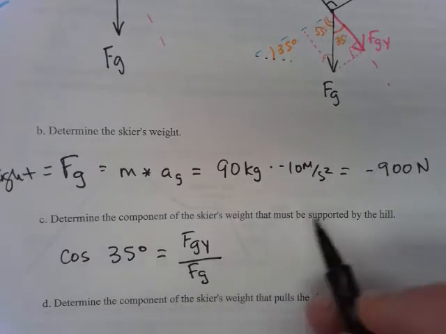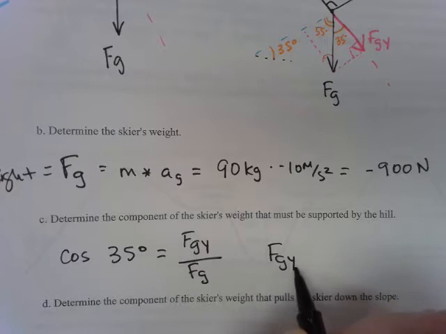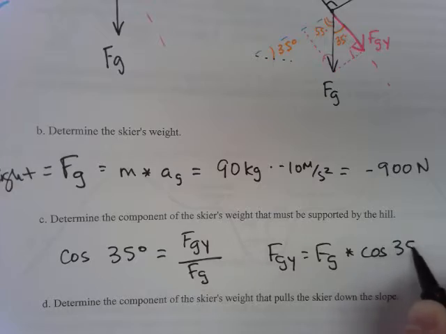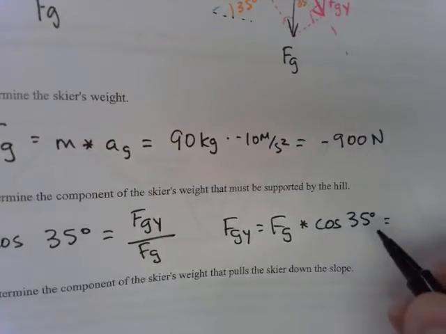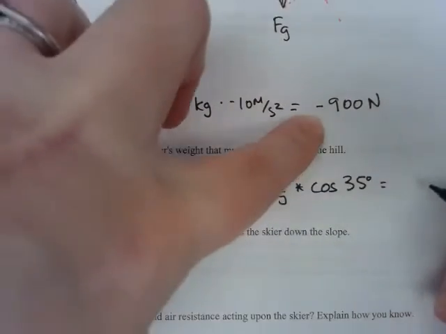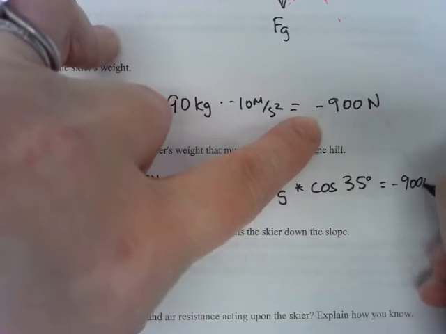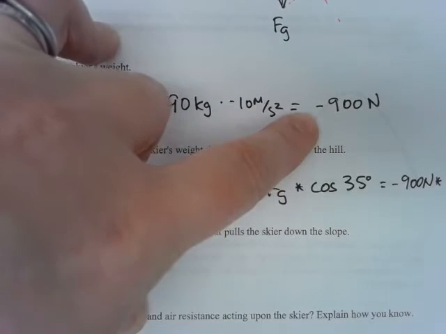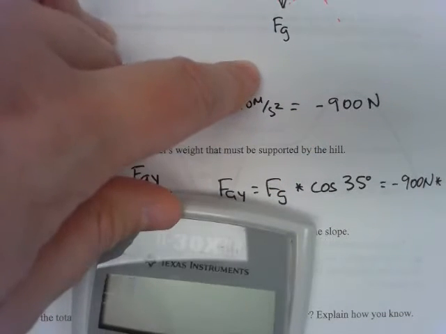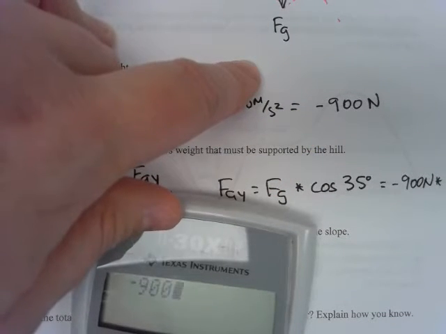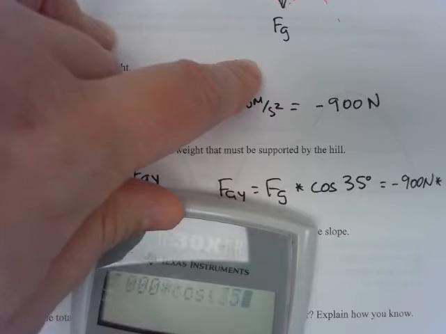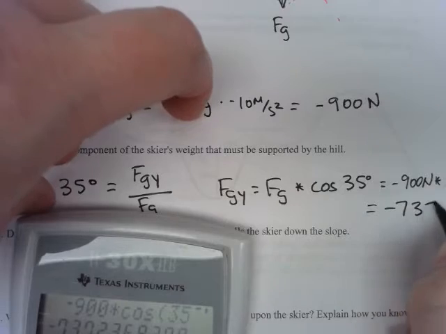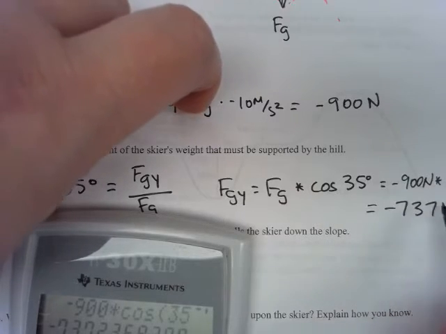So to solve for FGY, I have FG times the cosine of 35 degrees. We determined FG was going to be minus 900 newtons times cosine of 35 degrees. So I got minus 737 newtons.